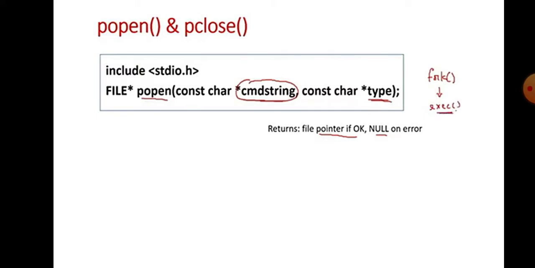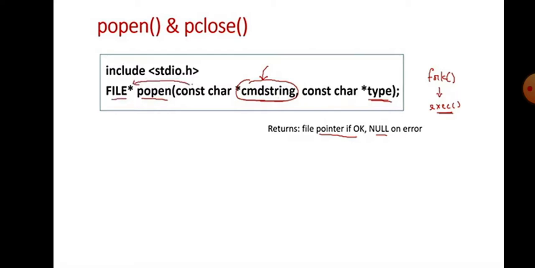So the child process that is created will be overwritten with the image of the command mentioned in the command string argument. After executing the command, it returns a standard IO file pointer as the return value.